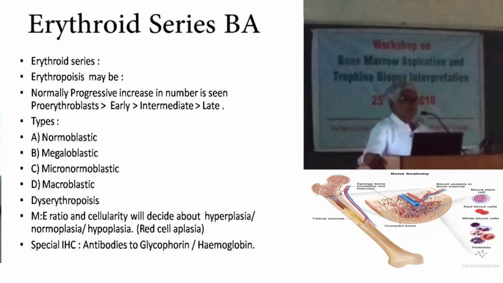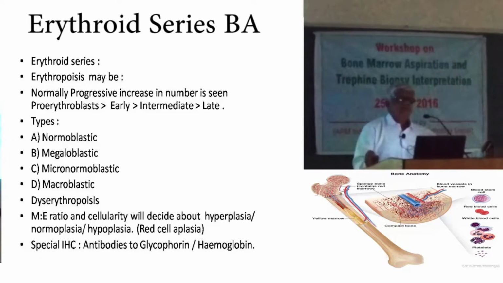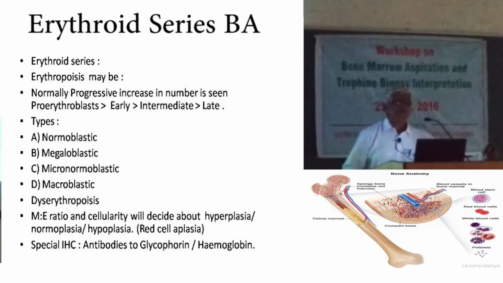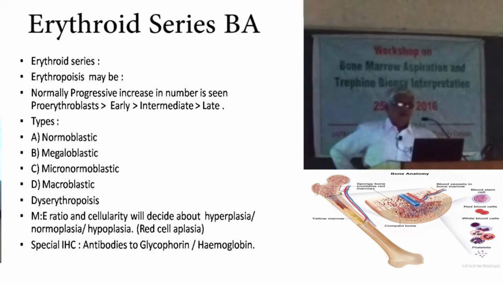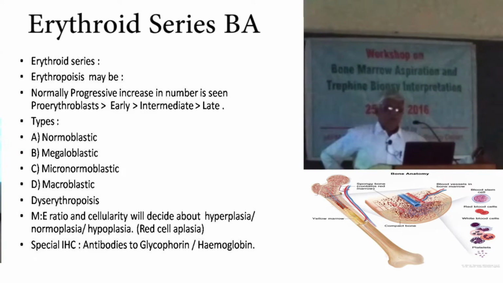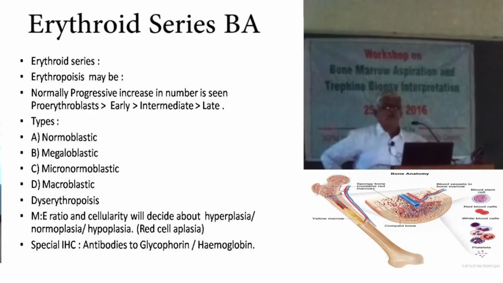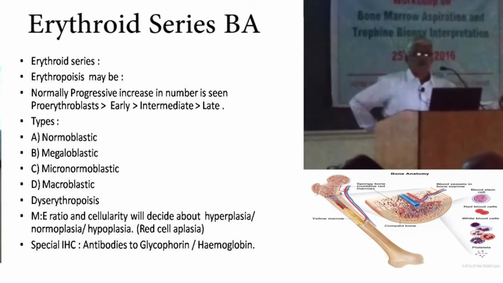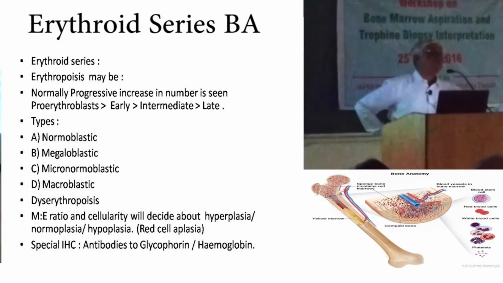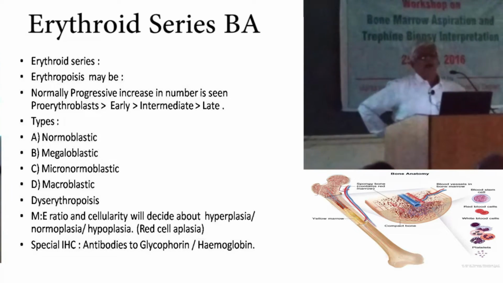Then you have to decide whether these are normoblasts, megaloblasts, or micronormoblasts. Sometimes a mixed picture of megalo and micro is also seen, because dimorphic anemias in our country are quite common.